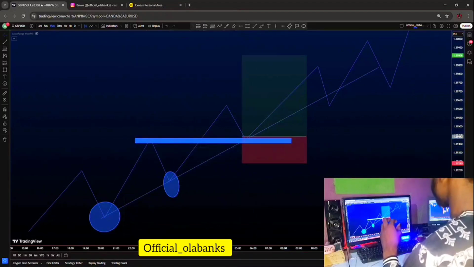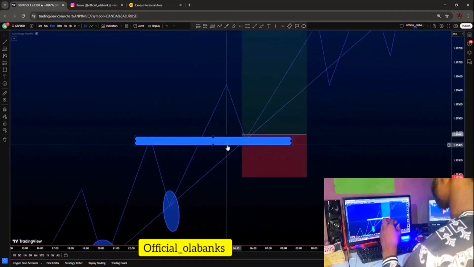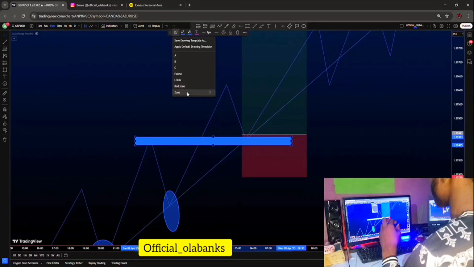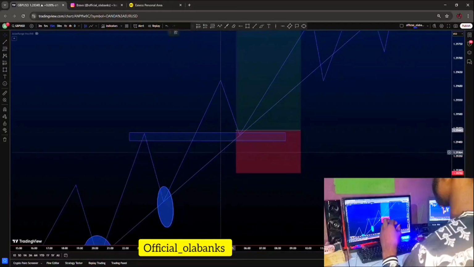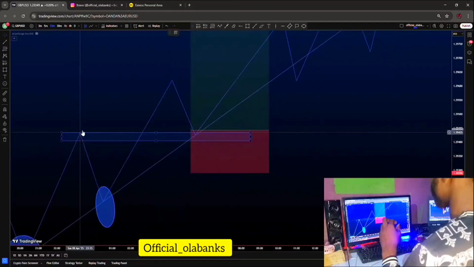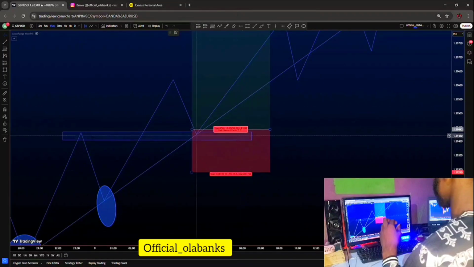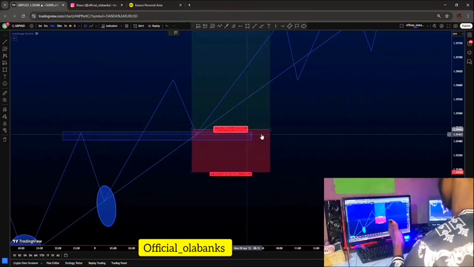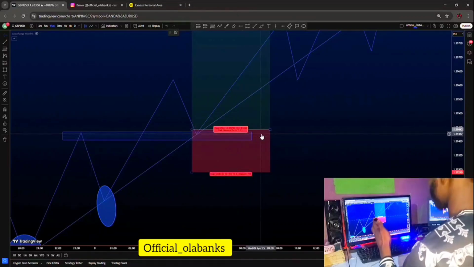Make it a very static zone. So this is the recent high, and we just extended it to the left and to the right hand side here.